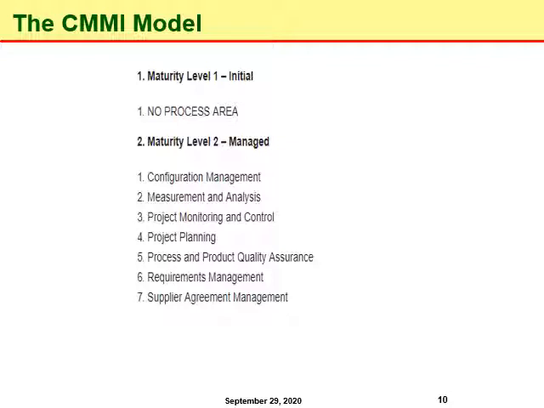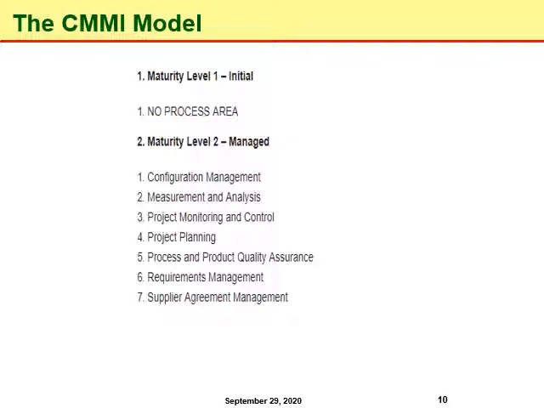Then at maturity level 2, which is managed, there are certain key process areas that are defined just like they were defined in CMM. These areas include configuration management, measurement and analysis, project monitoring and control, project planning, process and product quality assurance, requirements management, and supplier agreement management.